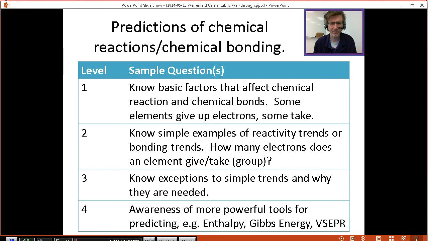And then know some reactivity trends or some bonding trends. How many electrons does an element give or take? That depends on the group you're in. Know some exceptions to those simple trends and why we need to have those. And then there are more powerful tools for predicting which elements are going to react. You can do some research on that for level 4 on this question.